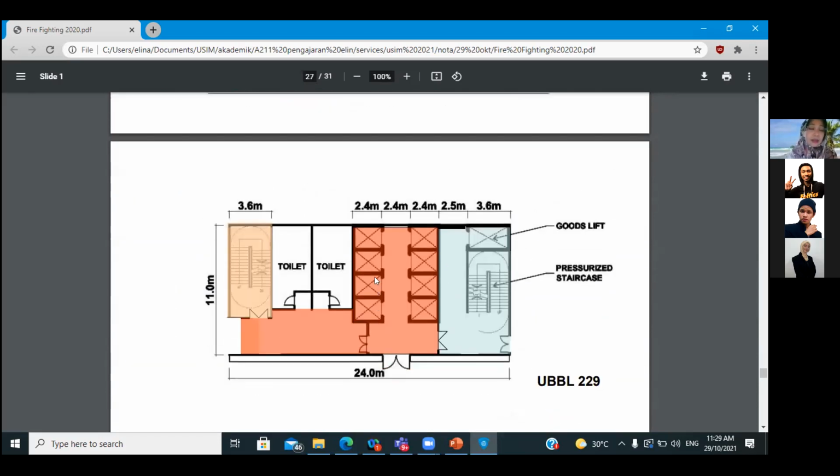This is for high rise. For high rise, why are there so many lifts? Okay, if you notice, you go somewhere, you notice that some of the lifts here, maybe for the high rise, let's say they are about 40 storeys.